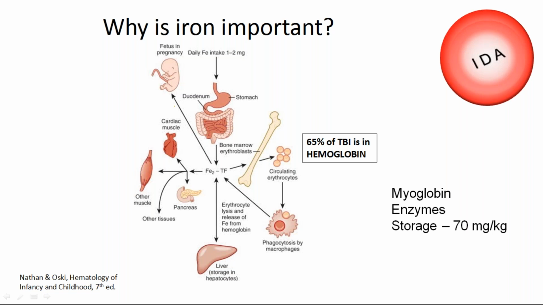The remaining 35% is distributed in other areas, as you can see. This is from Nathan and Oski's Hematology. Myoglobin, enzymes, and storage vary at 30 milligrams per kg. The iron is in the form of muscle and various iron-containing enzymes and storage from the bone marrow, etc. So most of it is in the form of hemoglobin for oxygen carrying capacity.